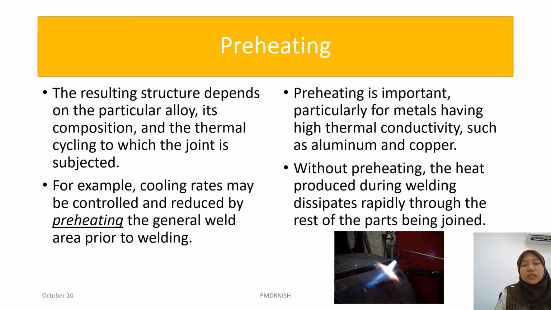Compared to that, if you preheat the base plate, it will start at a certain temperature, called the preheating temperature. So the solidification rate will be slower and it will give sufficient time for the dendrites to grow into a certain size and properties which is required for the weldment.